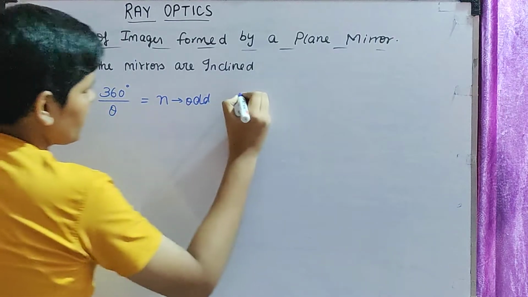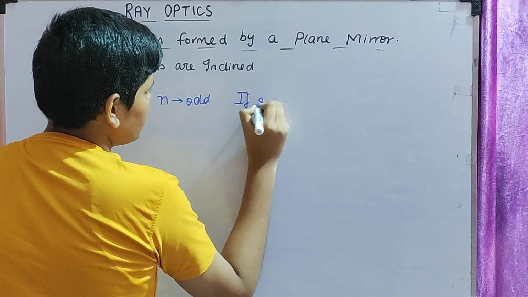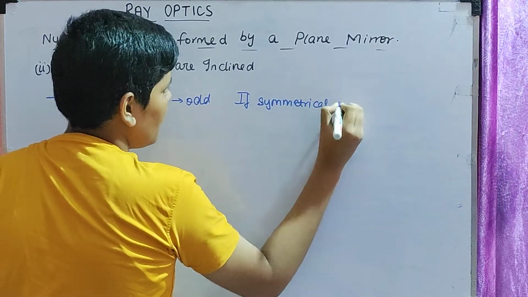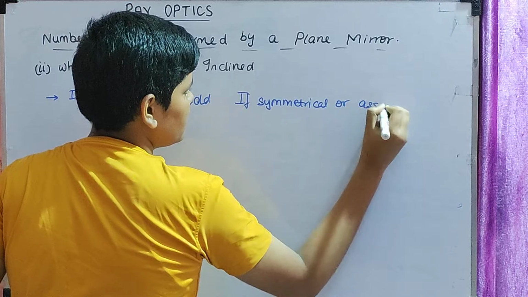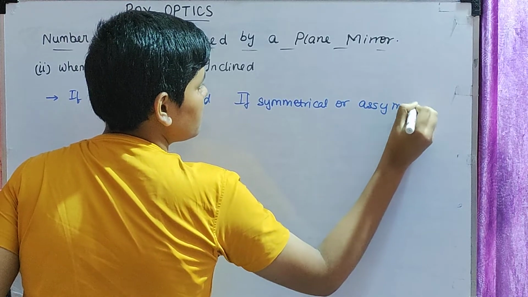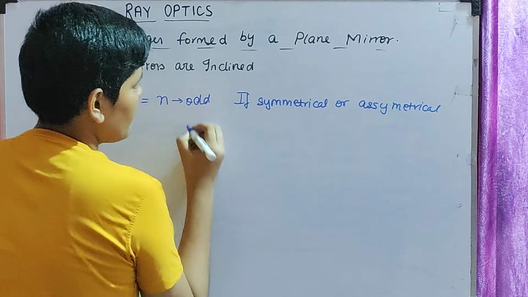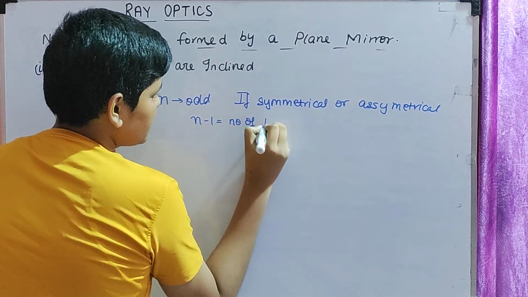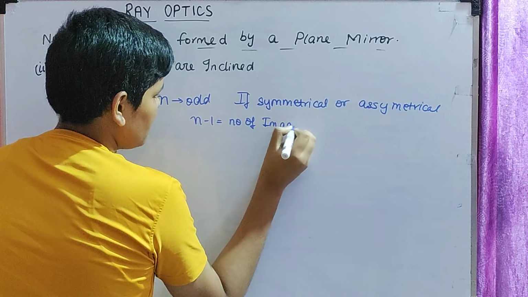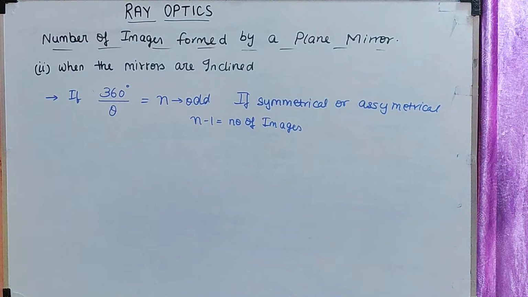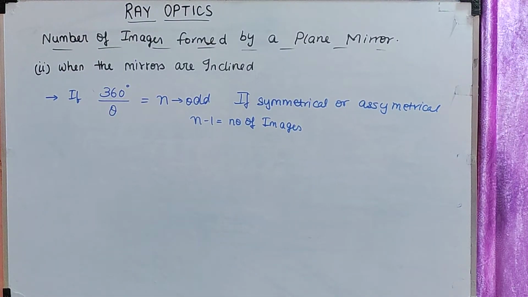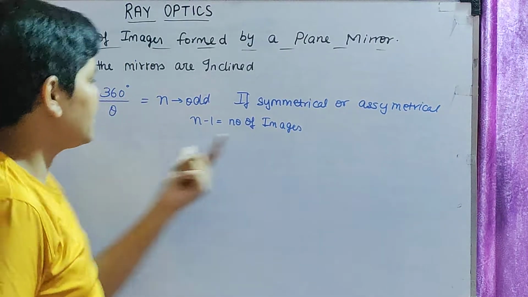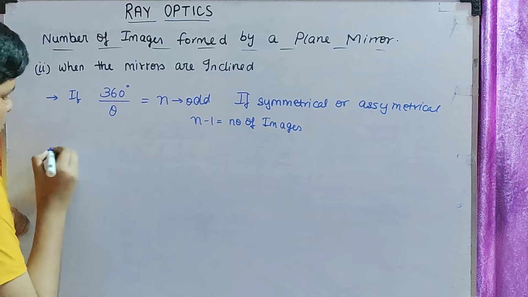Then, if symmetrical or asymmetrical, n minus 1 is equal to the number of images. This is case number 1. If 360 by theta is equal to n and n is odd, then either symmetrical or asymmetrical, the number of images will be n minus 1.